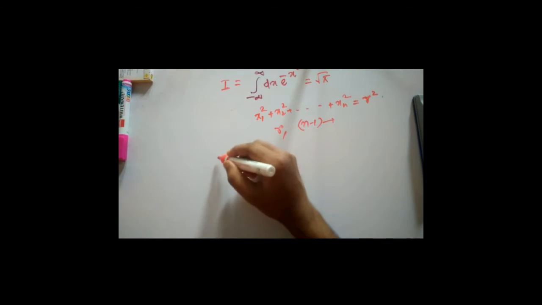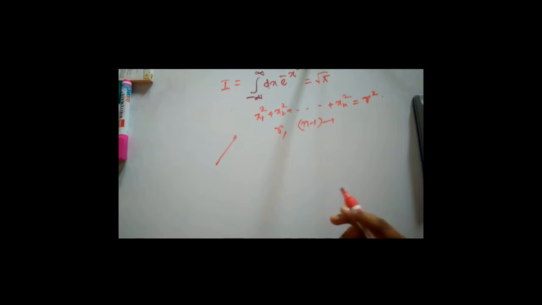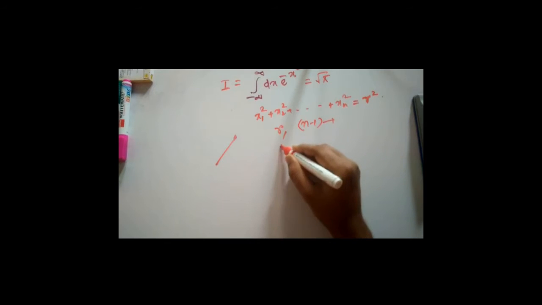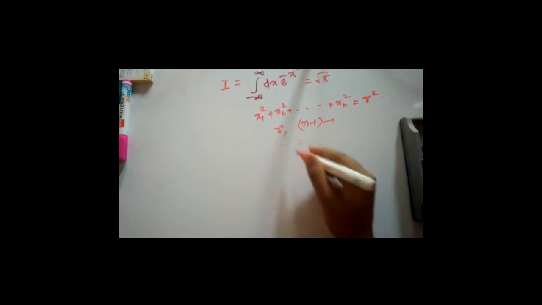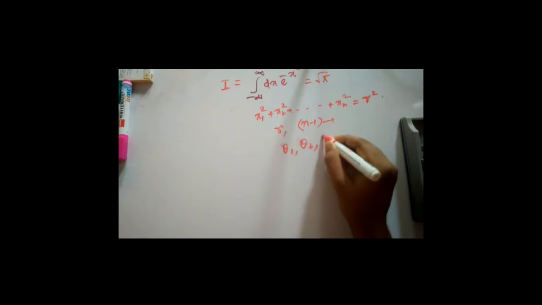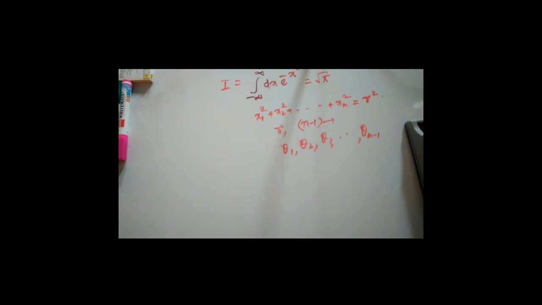So there will be only one radial variable, for the radial distance, and the others are for the angular part, okay? In three dimensions it was theta and phi, and for four-dimensional, five-dimensional and anything else, we can write theta 1, theta 2, theta 3 to theta n minus 1, okay? So that's how a polar coordinate can be defined in n-dimensional space, okay?